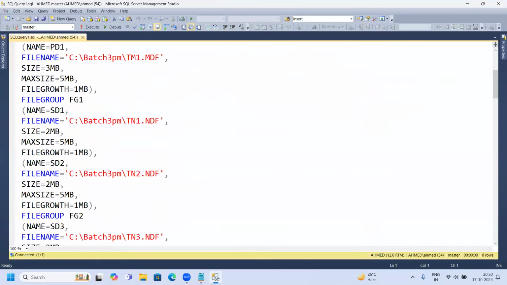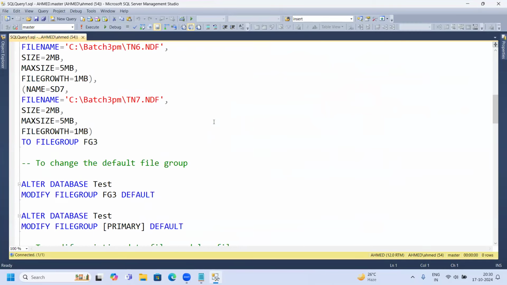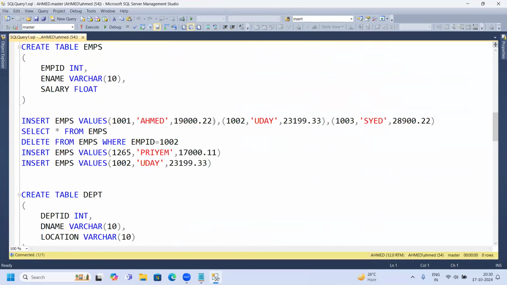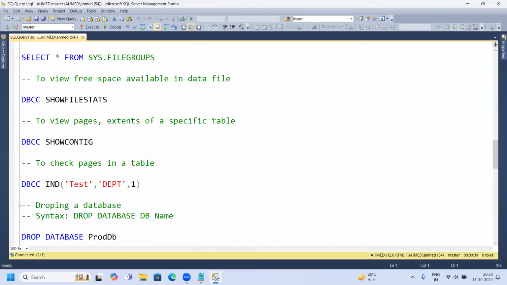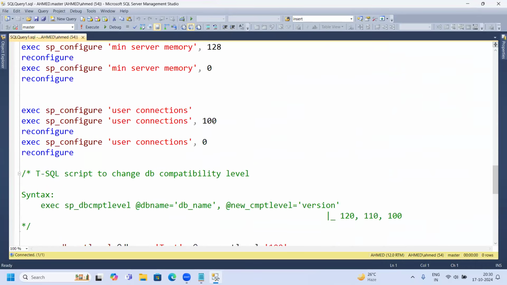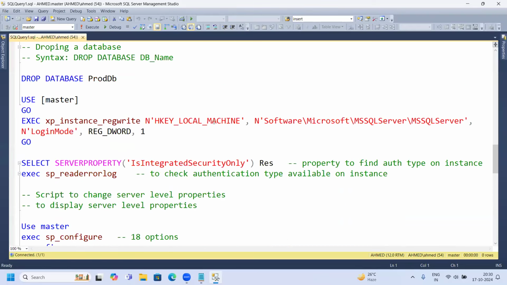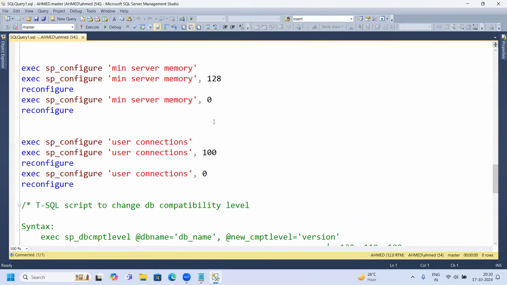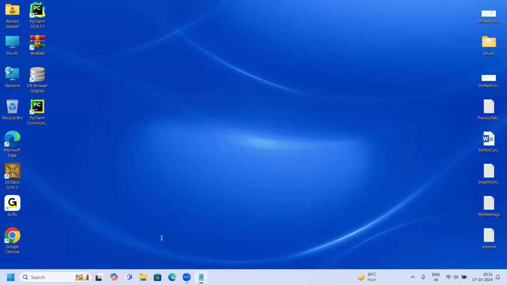Scripting and querying, both. Creation, altering, renaming, script-based, all. And how you go with physical level database. All these things. Script-based process, you can call script-based.